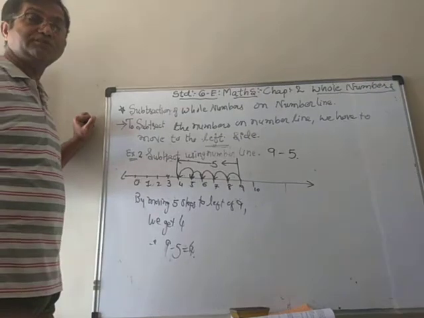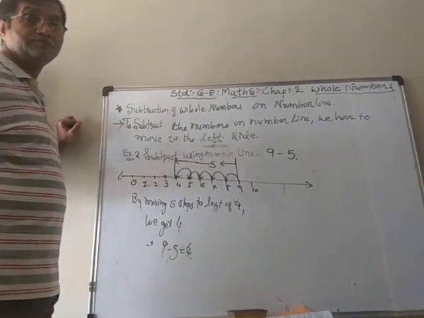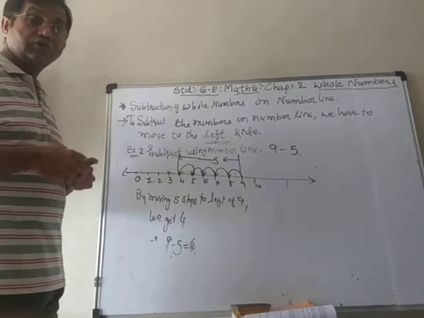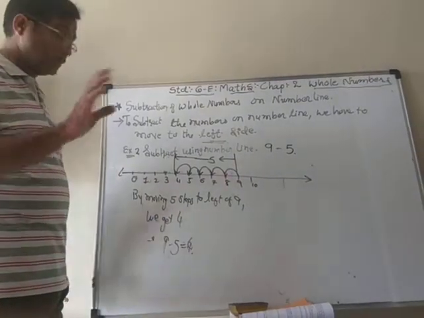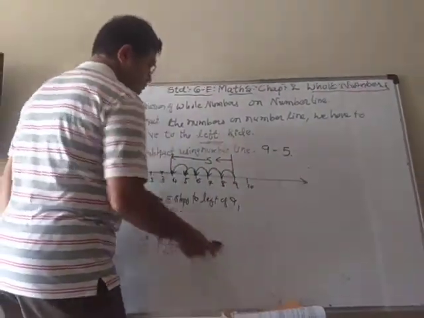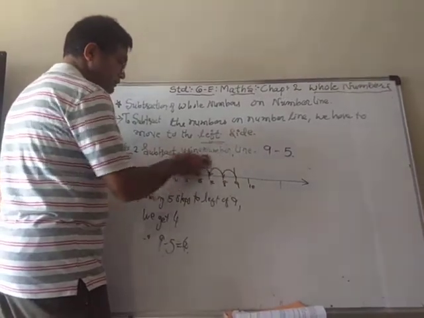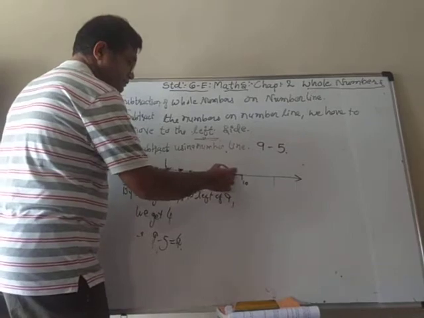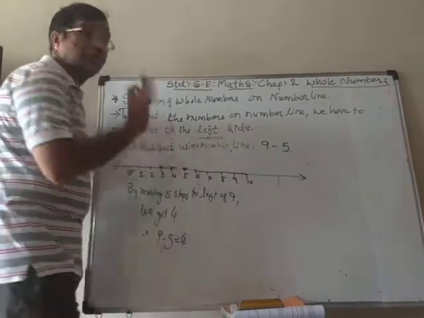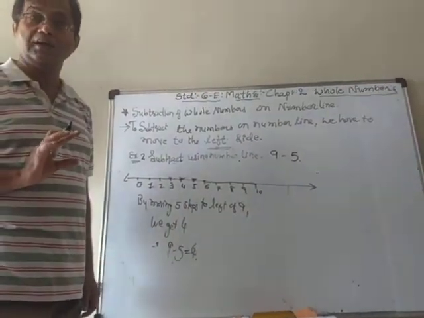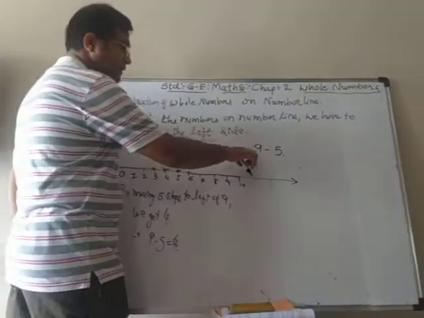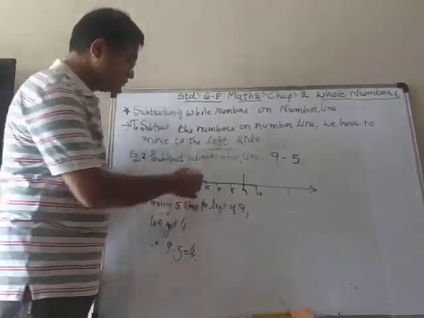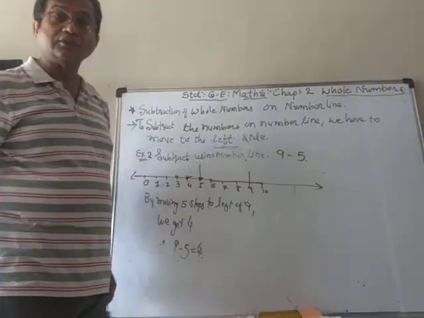But here also some students, if they don't concentrate, you know what they do? Okay, let me explain it. They will see that subtract means we have to move to the left side, right? Then they will see 9, and what is next? 5. They will mark 5 also.